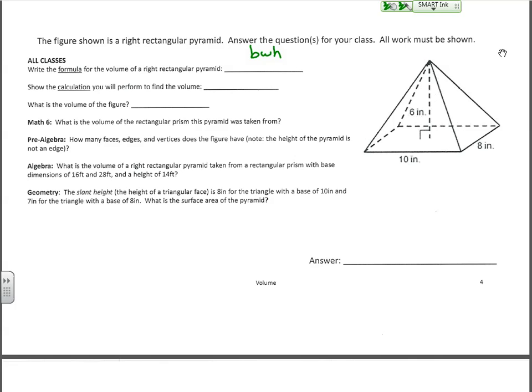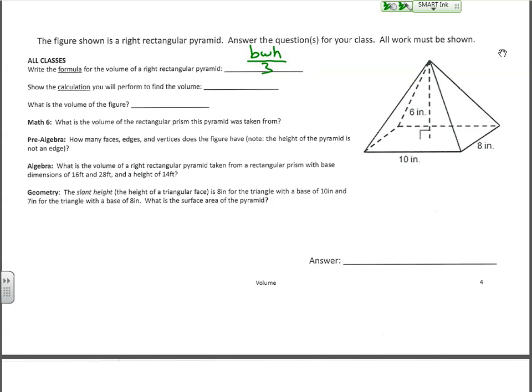It turns out that a pyramid is 1/3 the volume of a rectangular prism with the same dimensions for base, width, and height. So if we were to take this shape and draw a rectangular prism around it that it would have come from, the pyramid's 1/3 the volume of the original rectangular prism. So it's base times width times height divided by 3.